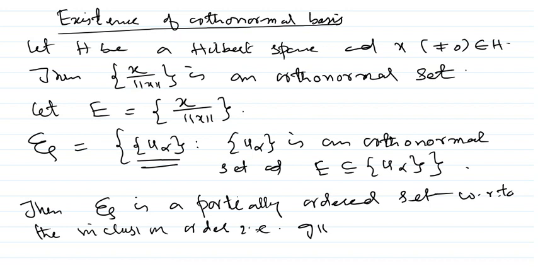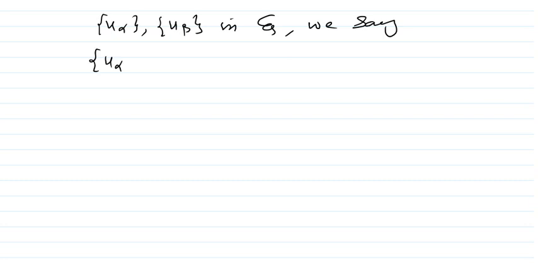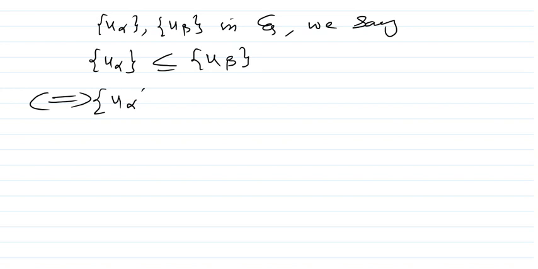Given two elements, say U alpha, U beta, this element is related to this element if and only if this set U alpha is contained in the set U beta. That's the order here.